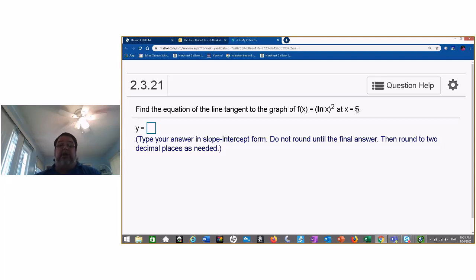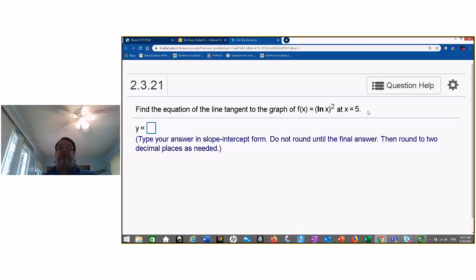Now we're going to have a y, so let's go ahead and plug in to get our y. Y equals blank. We need to find our y because they're going to want an equation. So we have to have an x and a y.